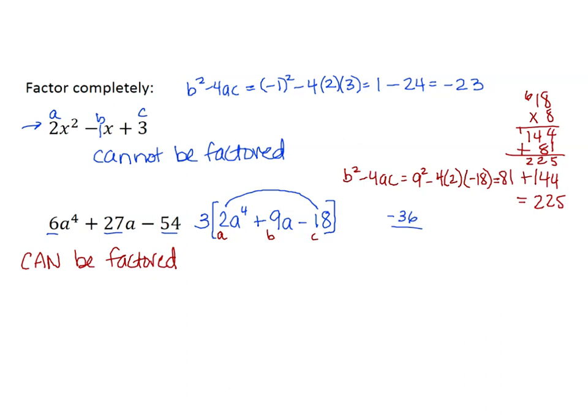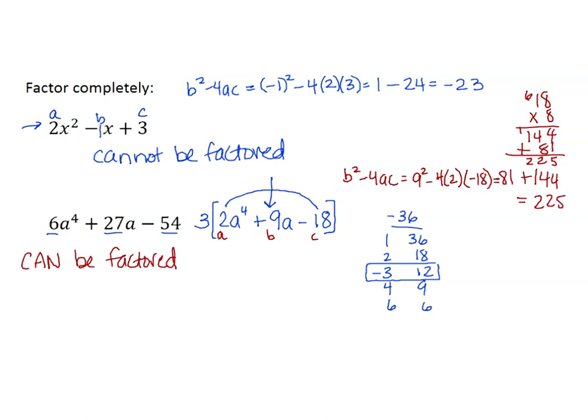We need to find two numbers that multiply to be -36 but add to be +9. So I've got my factor pairs, and I want one of them to be negative, and they have to add to be +9. So it looks like I'm going to use this pair.